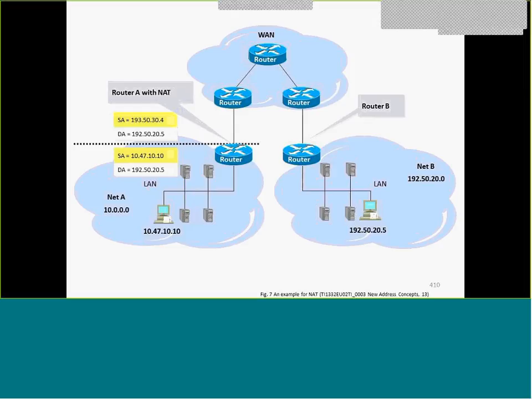So this is the bigger picture here. We are getting a source address and destination address as 193 and this. But once we did NAT here, what's happening to the source address? It is becoming like a public address, it's becoming like a private address.